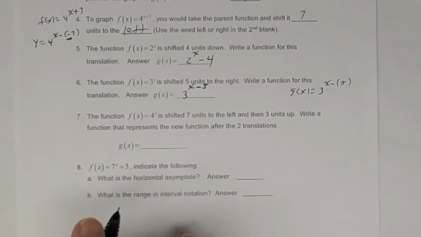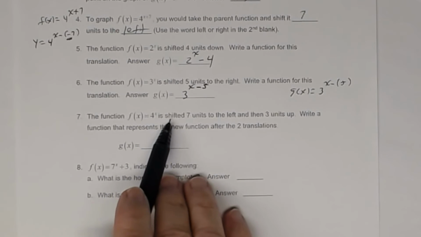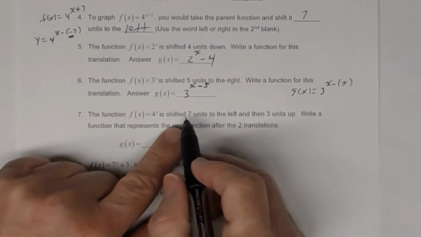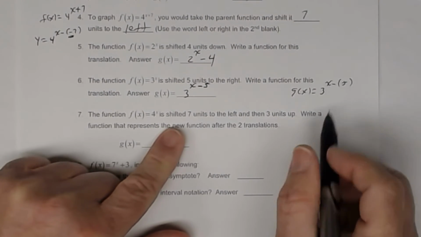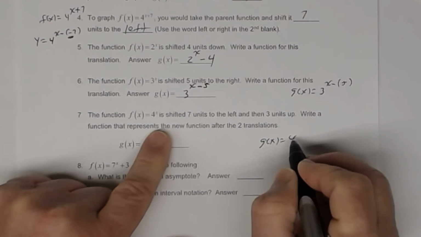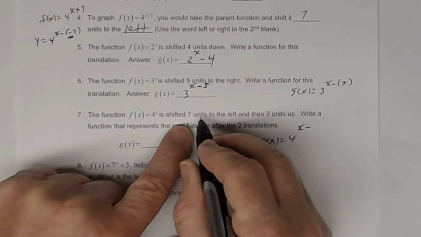Number 7. So number 7, f of x equals 4 to the x is shifted 7 units to the left and then 3 units up. So let's think about that horizontal first. We're going to write it just like this. So g of x will equal 4 to the x minus. So that's your horizontal. I'm shifting it 7 units to the left.